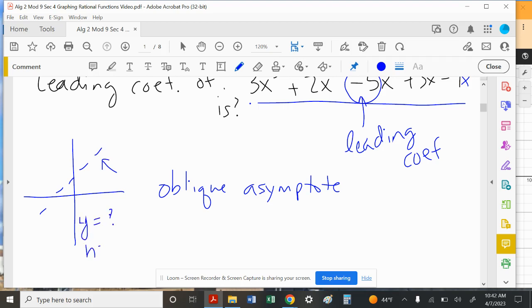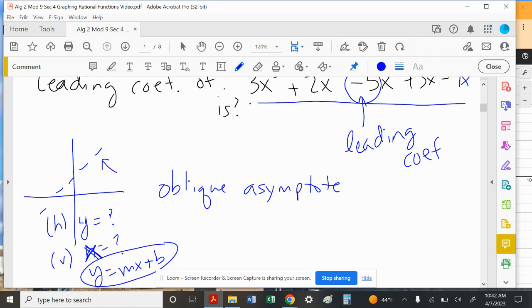For our vertical, we have x equals something. So this is for our horizontal, this is for our vertical. And then our oblique is, again, just a separate line. So it's some kind of y equals mx plus b, some equation that we have for our oblique.